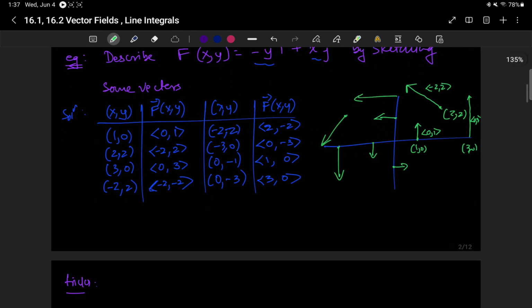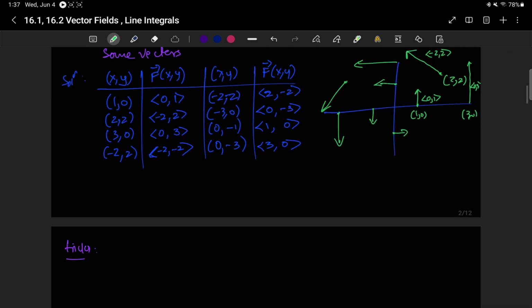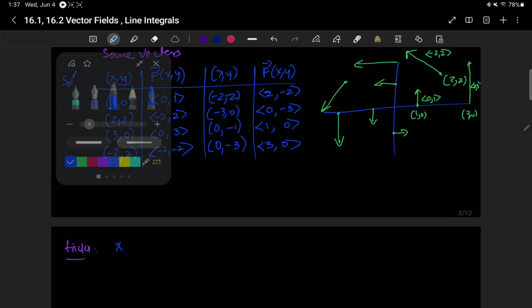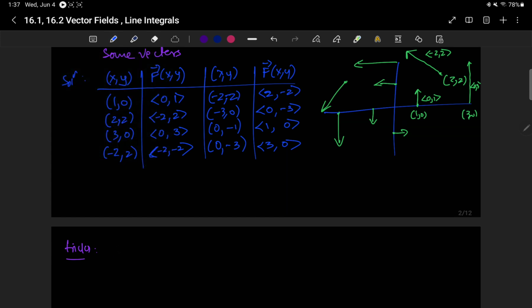So one of the tricks here is using the dot product. If I take the position vector, x, y, and if I take this function f, what is this function? The vector function f in vector notation is negative y, x. And if I dot this with x, y, which is your position vector, what do you get?